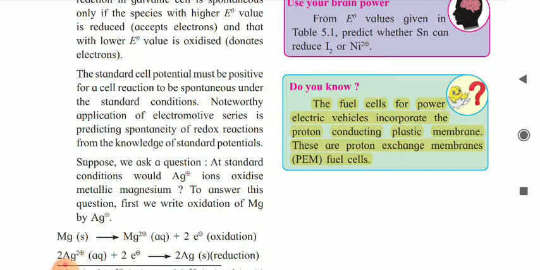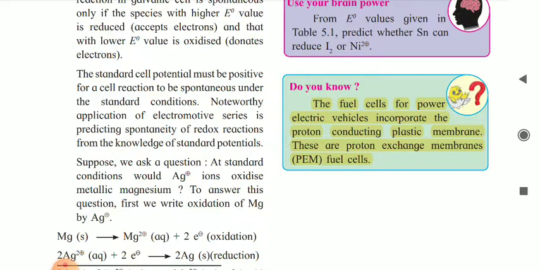This is a very important sentence, students, that you have to highlight or keep in your mind for better understanding. The cell potential must be positive for a cell reaction to be spontaneous. Under standard conditions, this will happen. The application of the electromotive series is predicting the spontaneity of redox reactions.